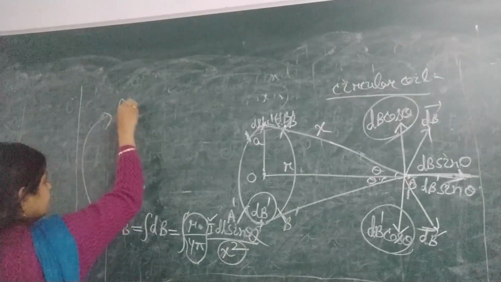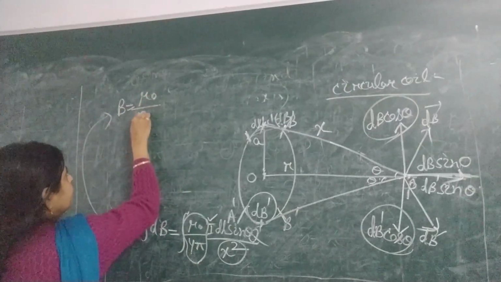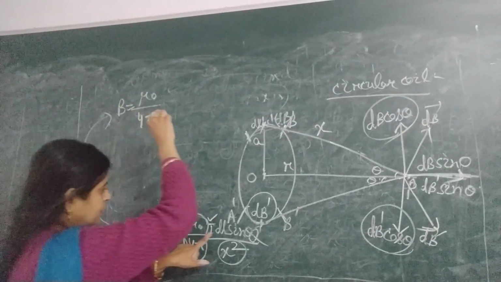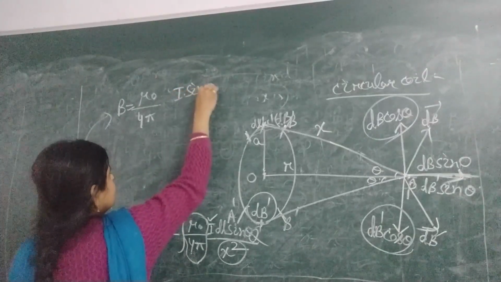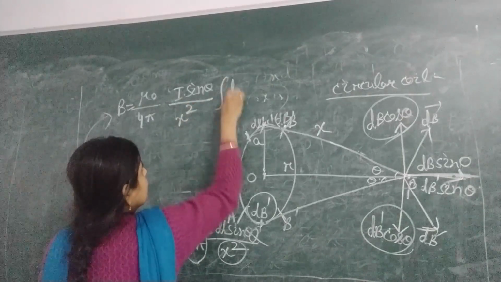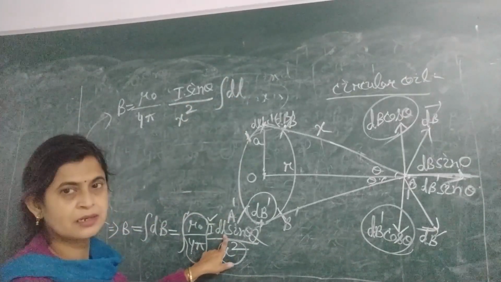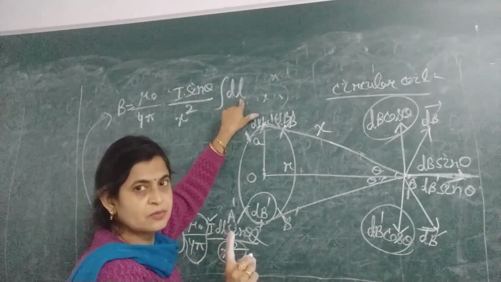B is equal to mu naught by 4 pi I sin theta divided by x square times the integration of dl. Now the integration of dl is equal to the length of the conductor.